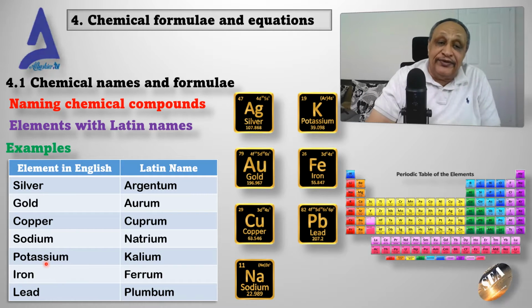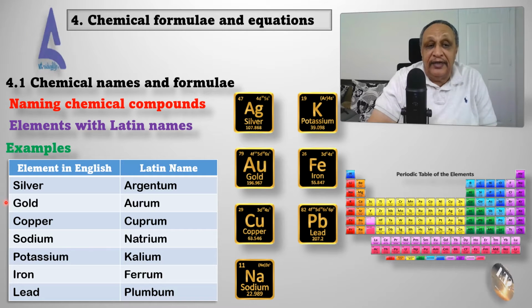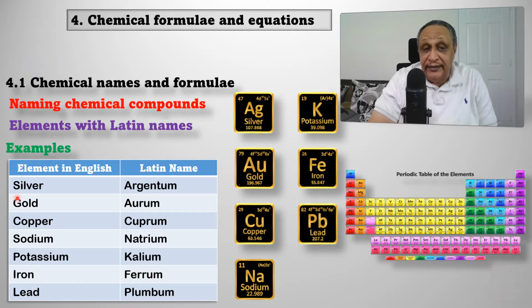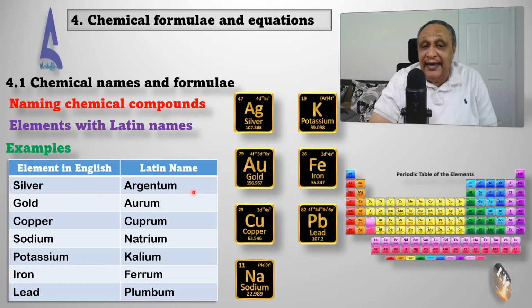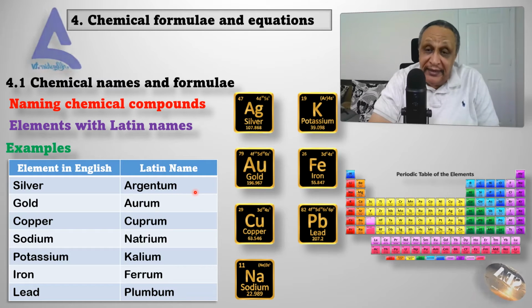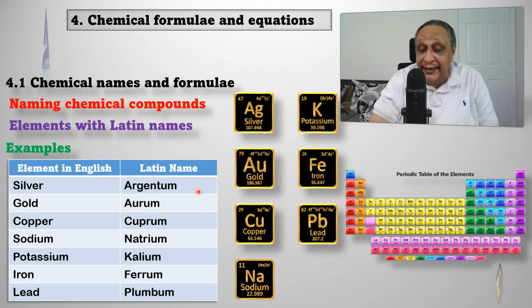So for example, silver is the name in English, but if we use it, we are going to see Si, and Si is like silicon. So in order to get away from this, we go to the Latin name, which is argentum. It comes like Argentina.